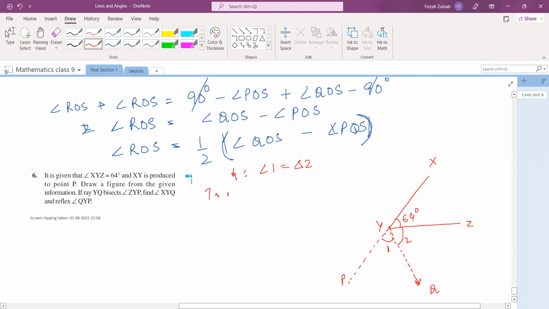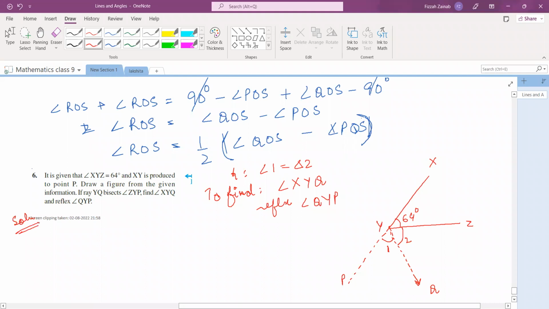Now you have to find angle XYQ, and you have to find a reflex angle QYP. That means first of all you will find QYP, that means angle 1, and then the reflex of it. Now let's do the solution here.